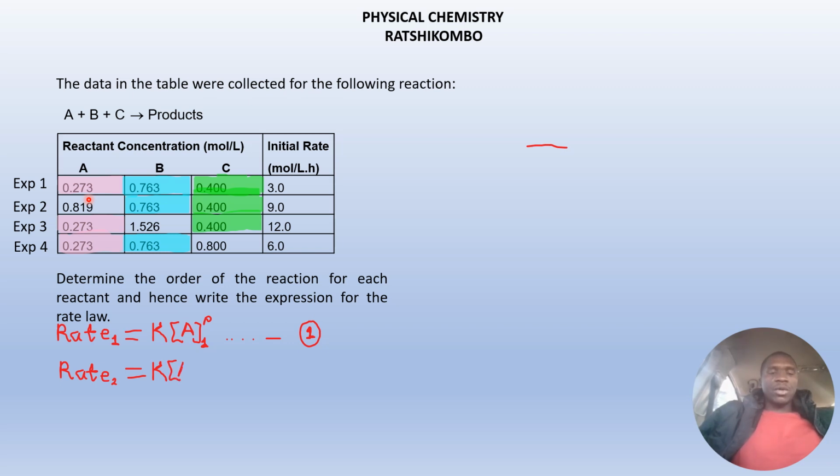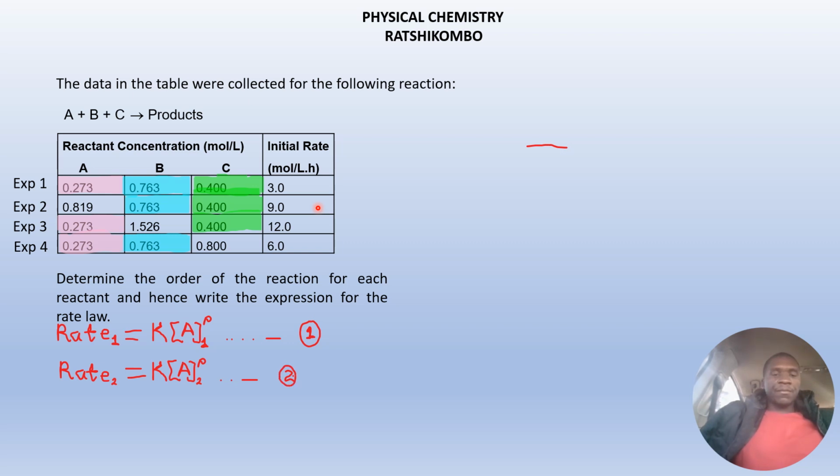So we are going to have again k, square brackets A, close brackets, to the power p, whereby p is the order of the reaction. And then this 2 here is experiment 2, whereby experiment 2 is this part. So this is equation 2.